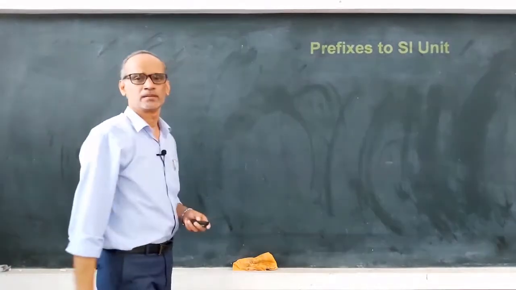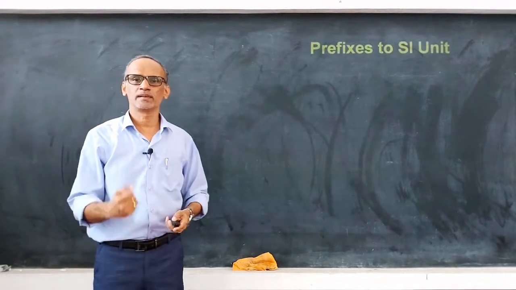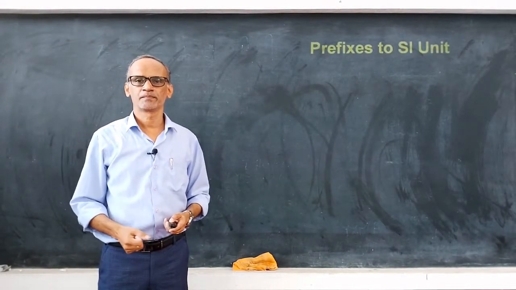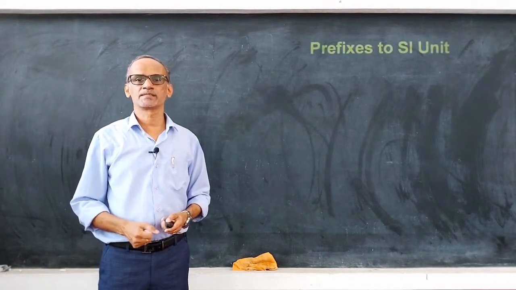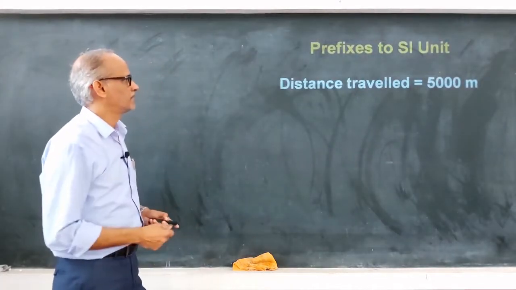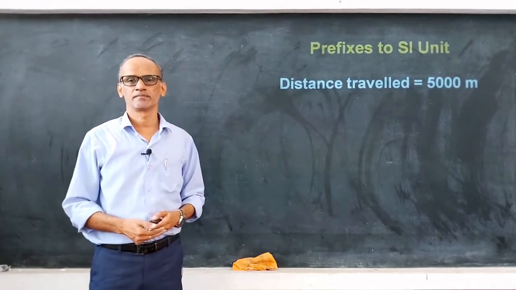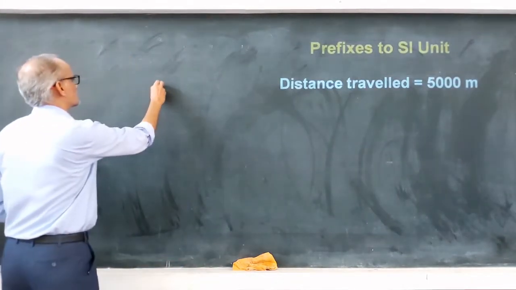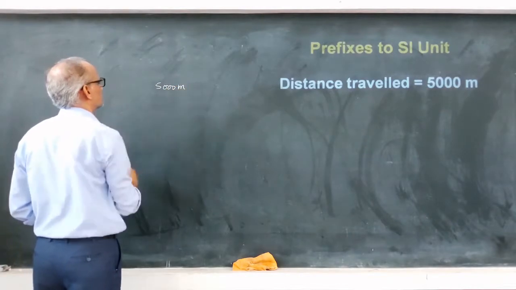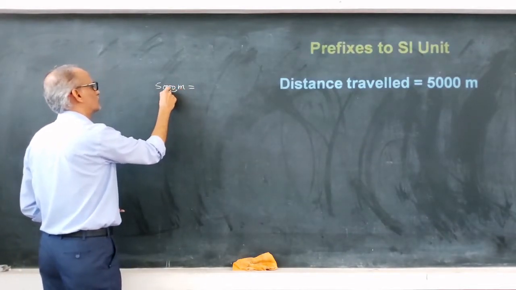See, while measuring, they use some standard prefixes, especially while doing the measurement. Now, which are those prefixes which are used? So example, if I write distance travelled is 5,000 meter. I will shift the decimal and then I will write like this. Shift 1, 2, 3.